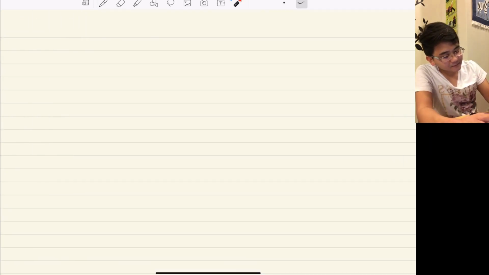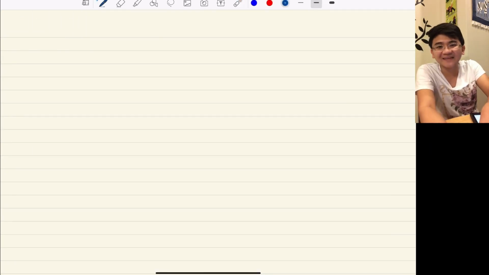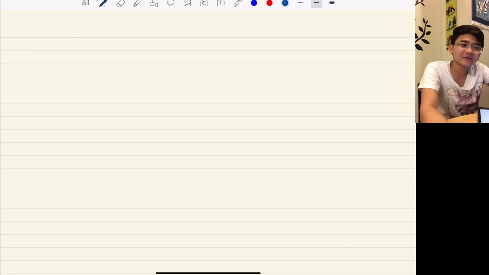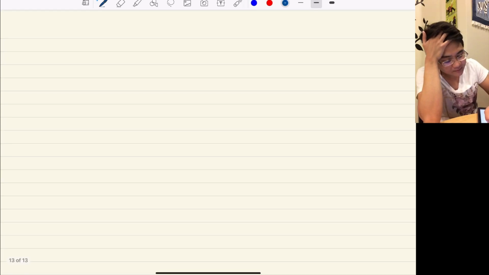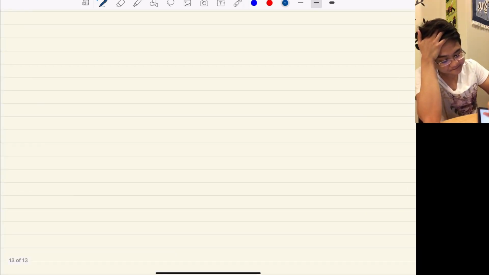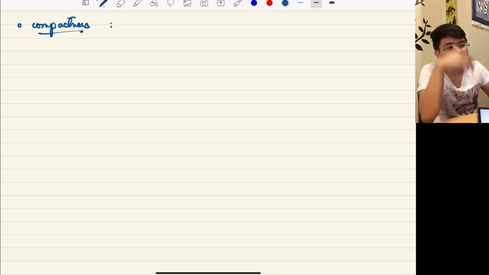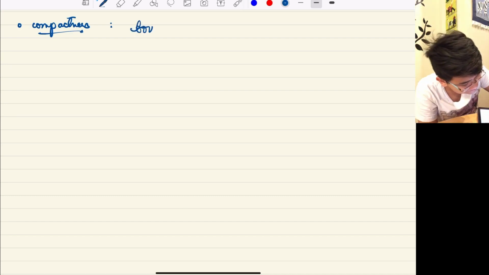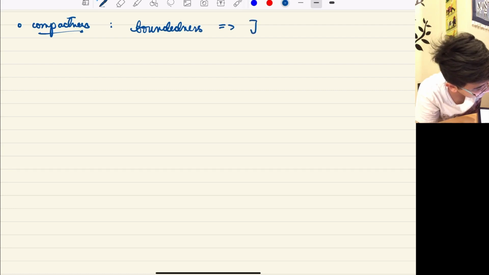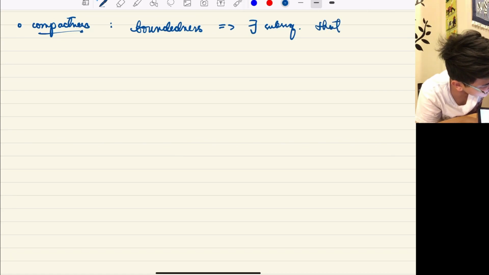The other set of embedding results for Sobolev spaces has something to do with compactness. In particular, the idea is that boundedness gives you the existence of a subsequence that is convergent.